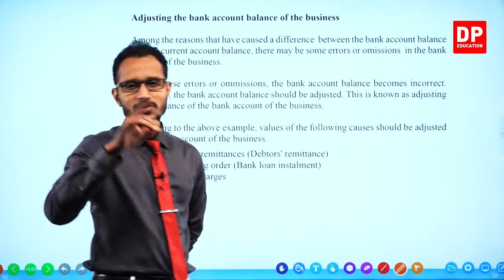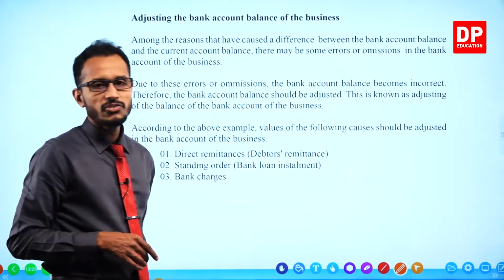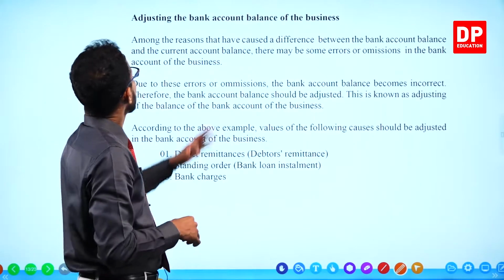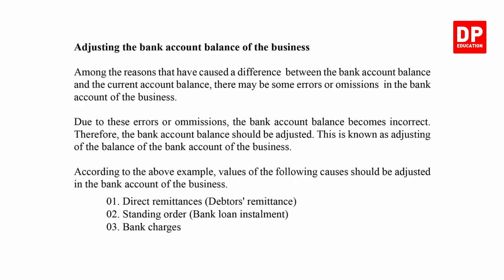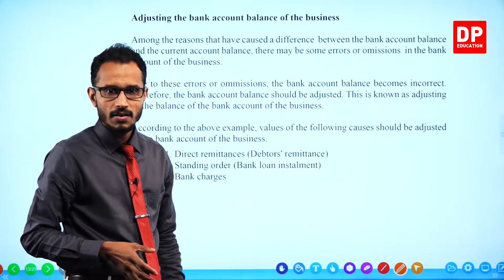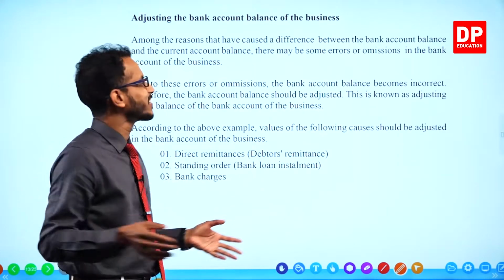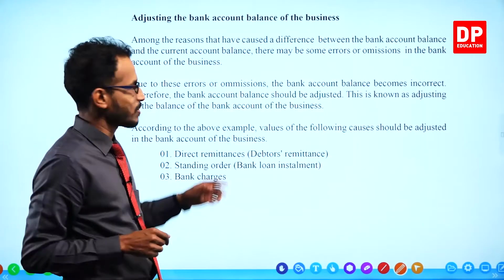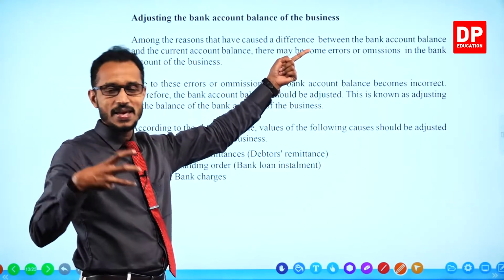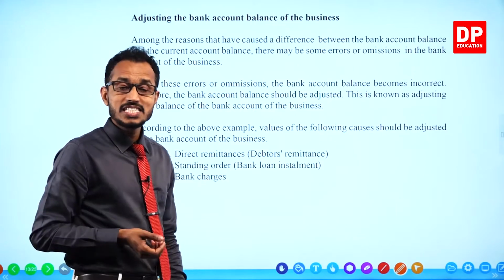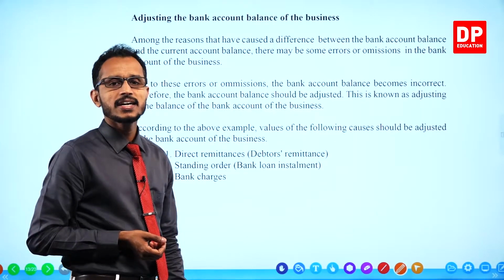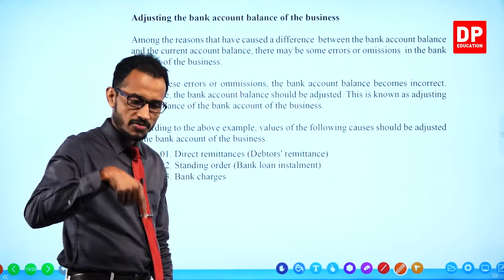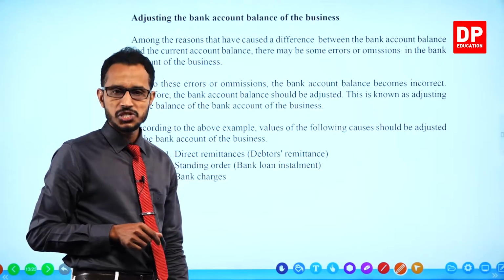Right? If you remember, it's going to be easy for you. So today we are going to take those reasons and we are going to adjust them and prepare the adjusted bank account. Afterwards, the reconciliation.